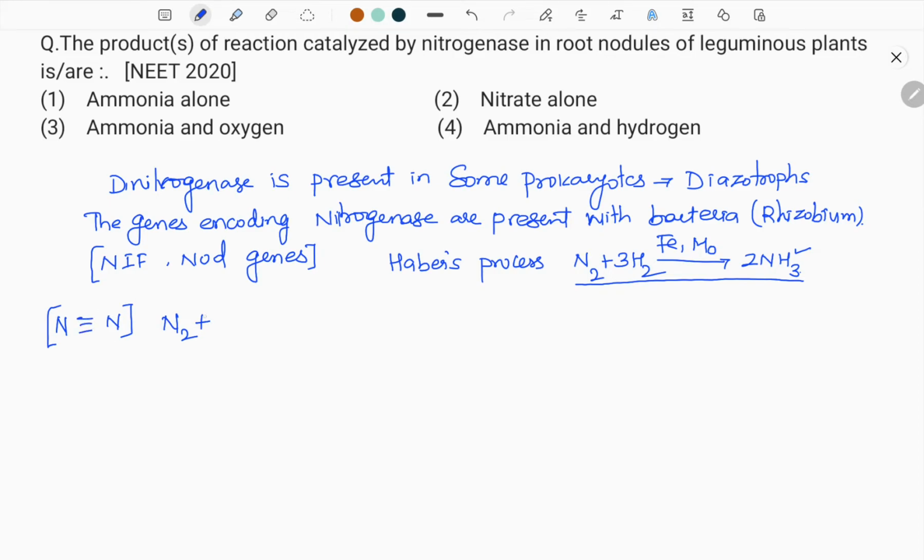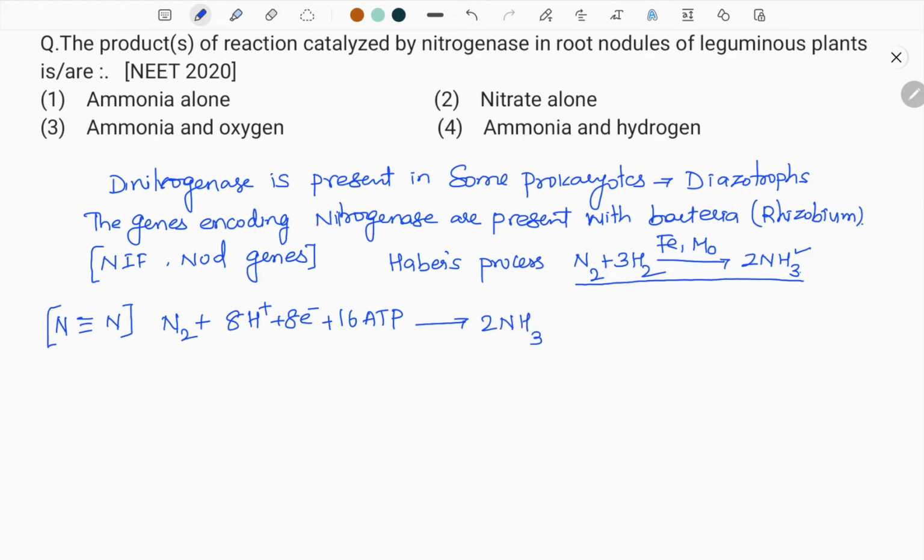So breaking this bond is very difficult, and a lot of bond energy is required to fix this nitrogen. So dinitrogen plus 8 protons plus 8 electrons plus 16 ATP. The metabolic energy required here is 16 ATP to give rise to 2 molecules of ammonia.